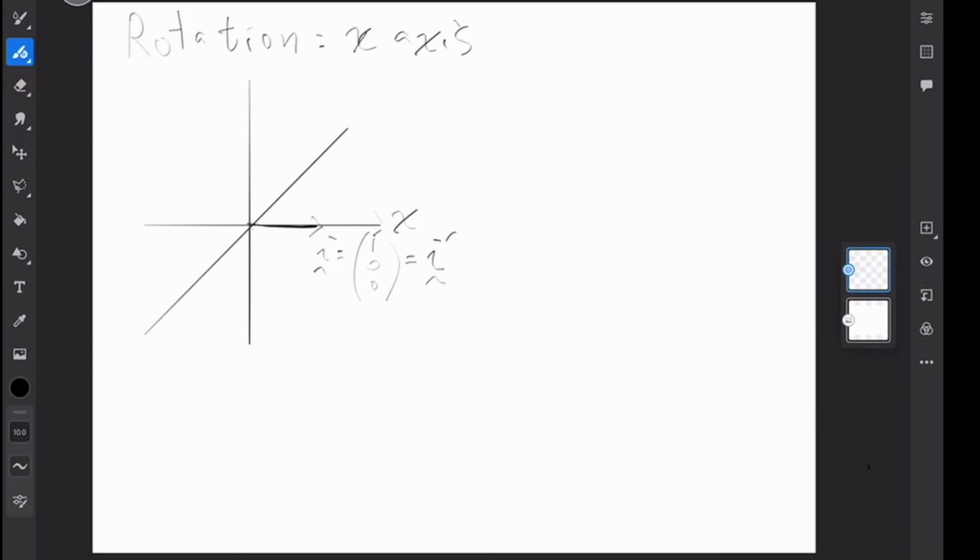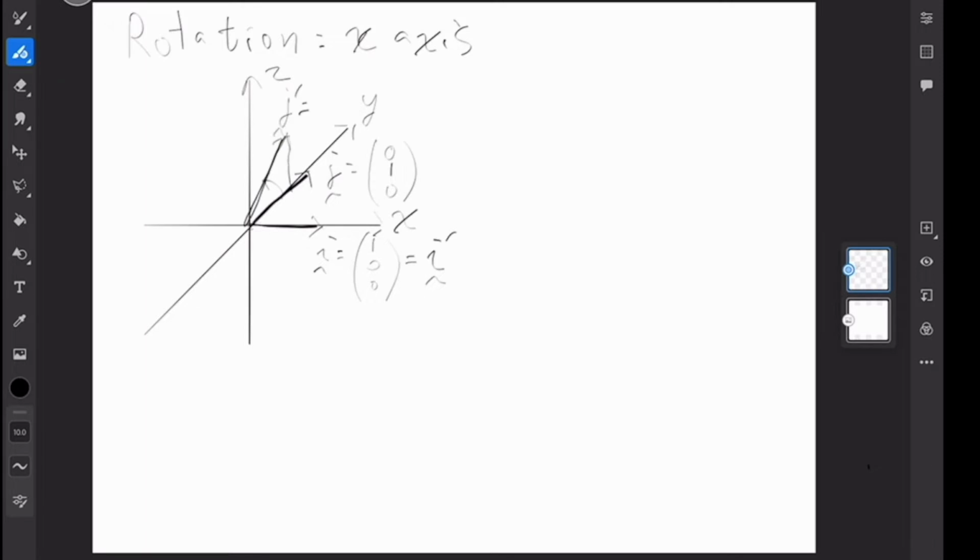Perhaps a little more interesting is the j vector. So when we rotate this j vector around the x-axis, it spins this way by an angle theta and maps to this image point.